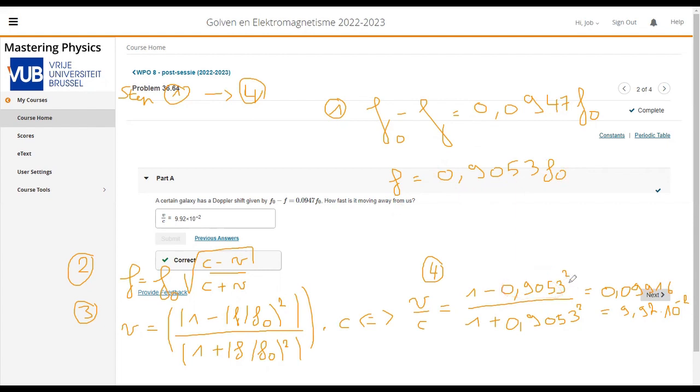And then you have to do it in square root, and you will get this one. So put this just like this, and we have it.